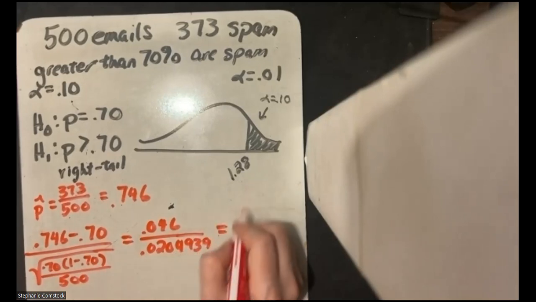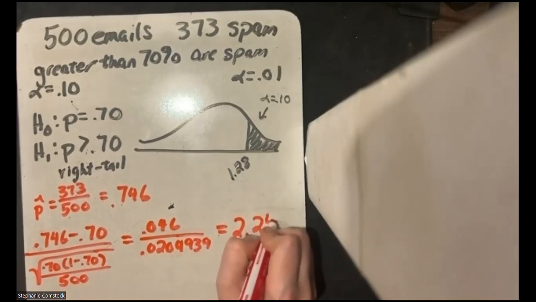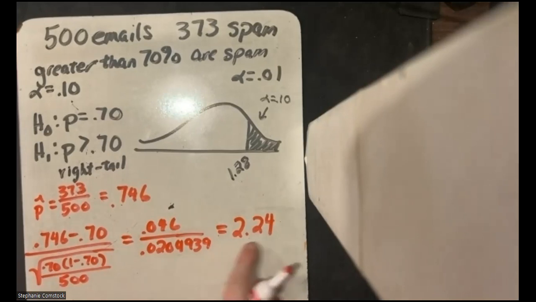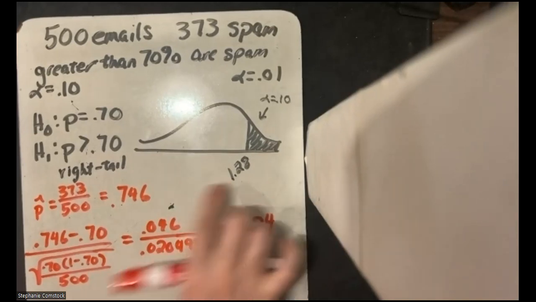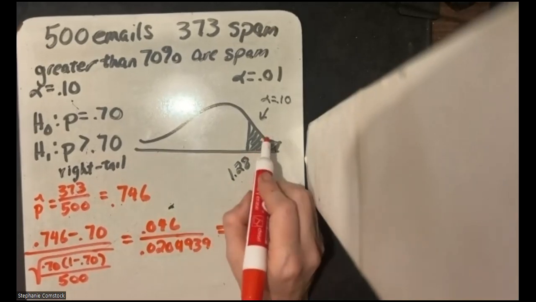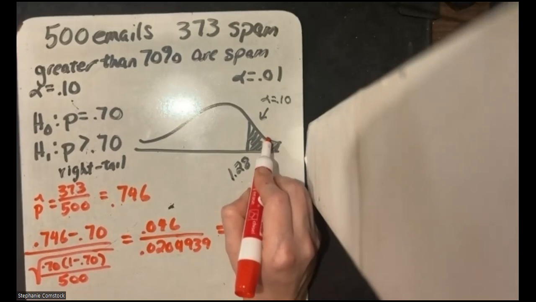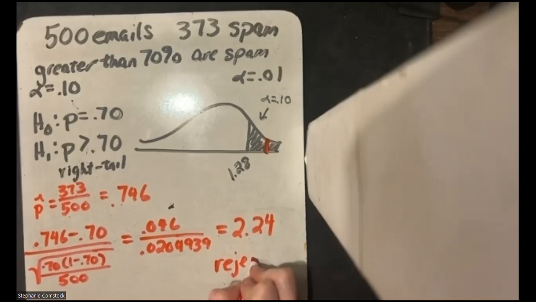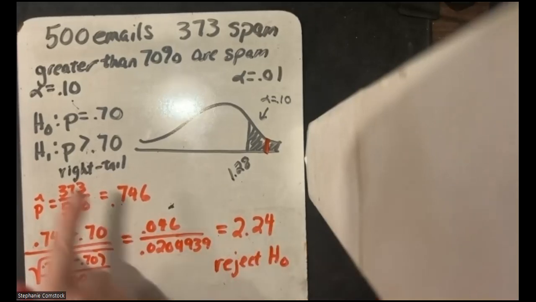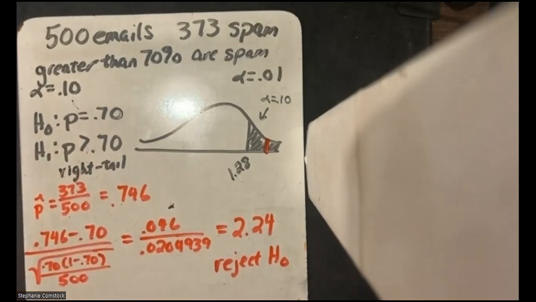And this is 2.24. This is my test statistic. Now, I've got to put this value on this number line, and I kind of already know where this is. So where is 2.24? 2.24 is going to be right here. So at that level, we would reject H naught, which means we do believe that greater than 70%.